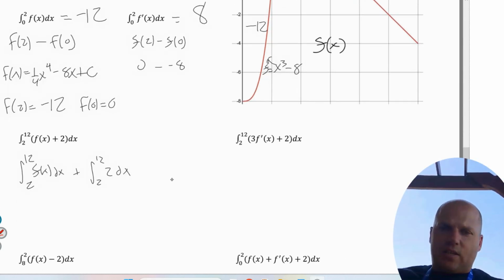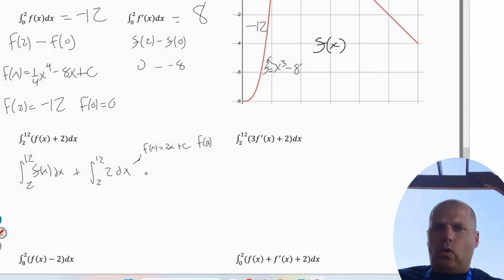You could find this either by using big F and its change from 2 to 12, and you get 24 minus 4, which is 20. Or you could just say it's a rectangle, height 2, width 10.